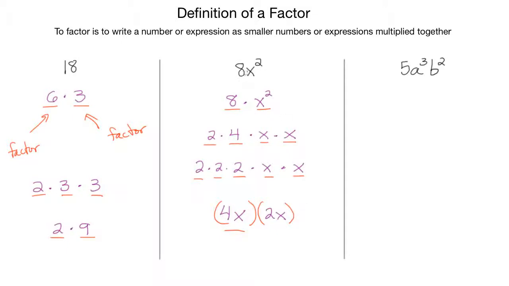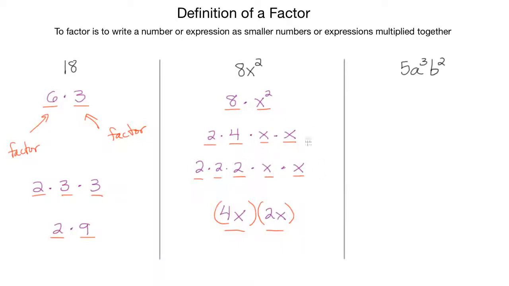So again, I've taken 8x squared and I've factored it into 2 things. So it's not as far as I could factor, but it's still an expression that is split into 2 smaller expressions multiplied together. So here we go. Again, different ways, different factors. X squared is a factor, 2 is a factor, x is a factor, 4 is a factor.